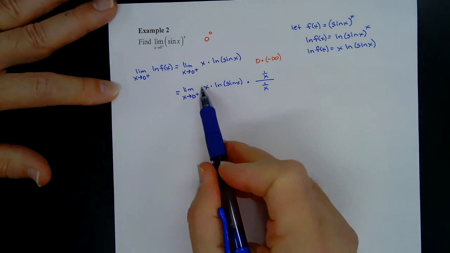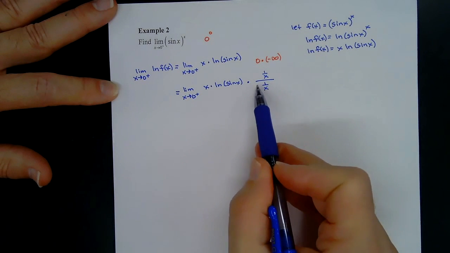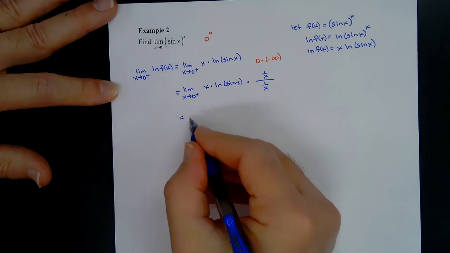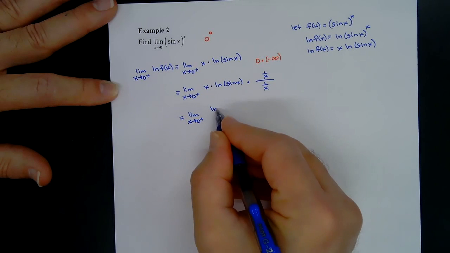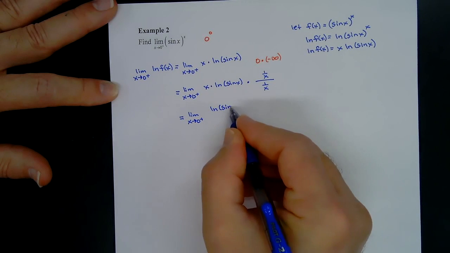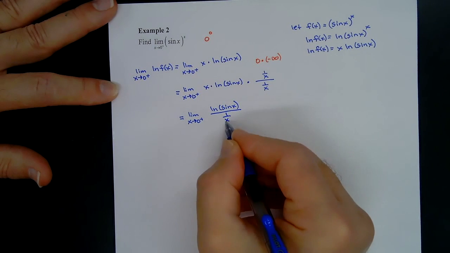And so when I multiply this times 1 over x, I just get ln of sine x over this. So this is equal to the limit as x approaches 0 from the right of ln of sine of x over 1 over x.